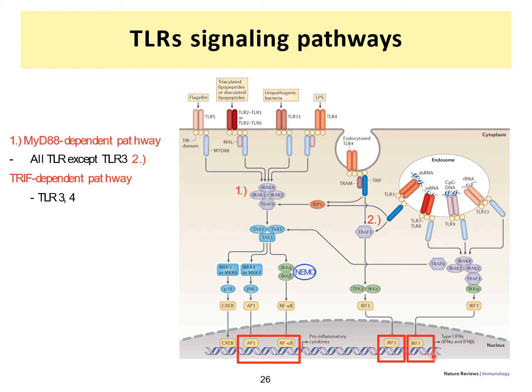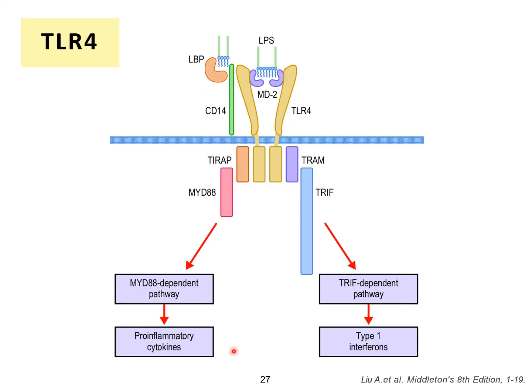They are attaching to the nucleic acid and probably they will release some cytokines or chemokines. So TLR4 specifically shows the MYD88 and TRIF dependent pathway. So this pathway will produce pro-inflammatory cytokines and here you can see there is production of type 1 interferons.